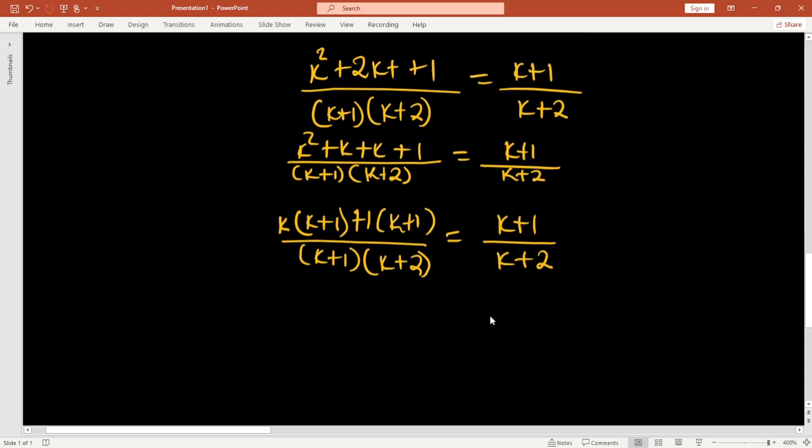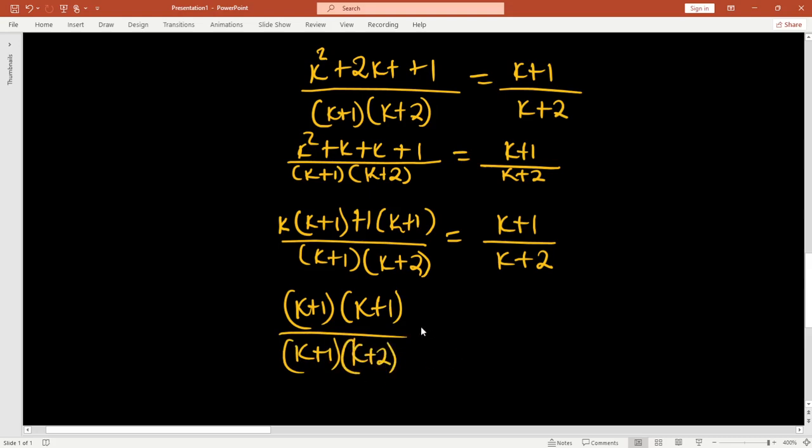Then we continue factorizing what we have on top. We simply have (k plus 1)(k plus 1) divided by (k plus 1)(k plus 2) equal to (k plus 1) over (k plus 2). So this and that can cancel out.